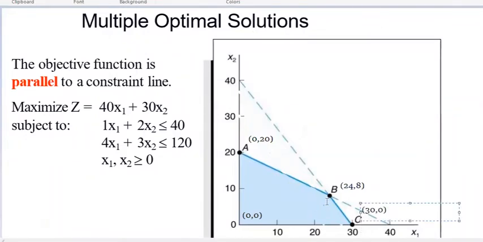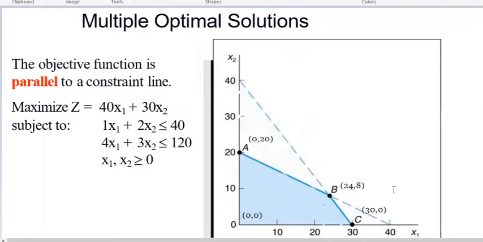And the fourth corner point, I have marked it, which I get from this graph. I can look at this graph and find out that the fourth corner point is (24, 8). So we have got 4 corner points: (0, 20), (0, 0), (30, 0), and (24, 8).